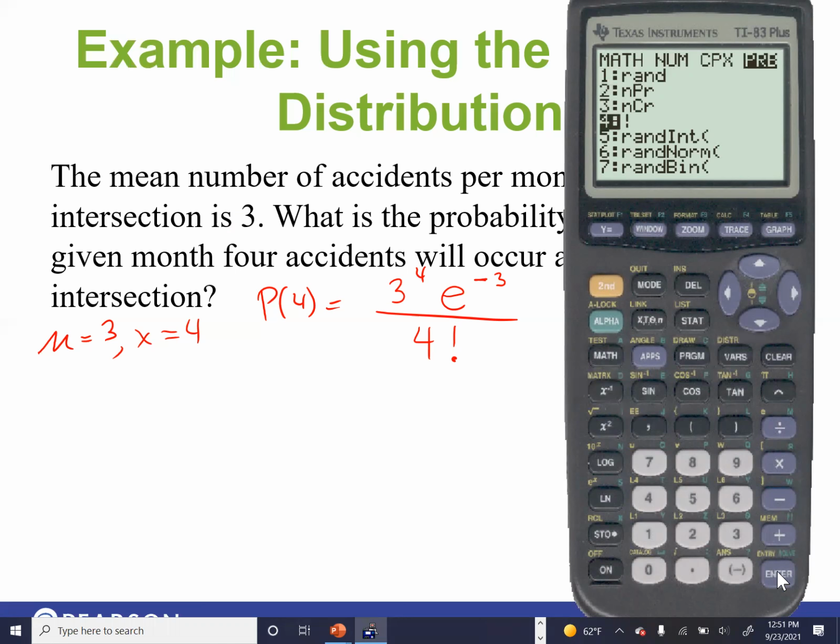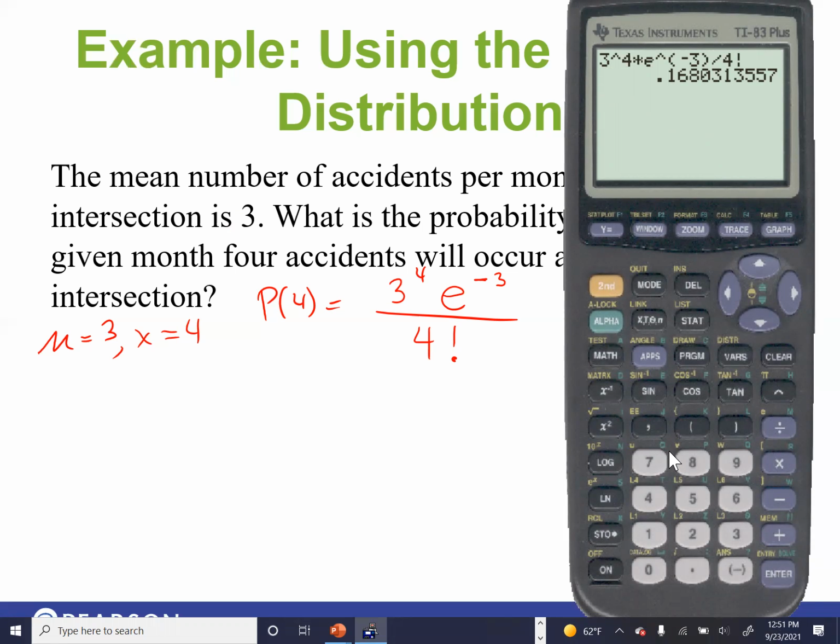So under math, scroll over to probability, right under the nCr value. Click enter. Is that about right? Yeah. All right, we did it by formula. That's awesome.